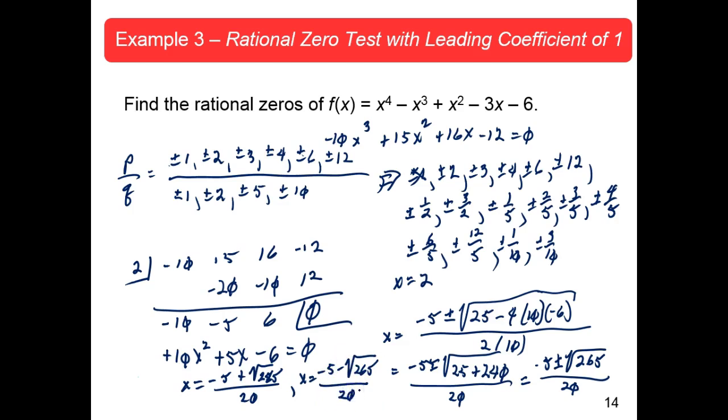Those are real zeros. They're not rational zeros. I hope I didn't mess something up there. If you plug those in, I hope you see it comes out the same two numbers that they got in the book.